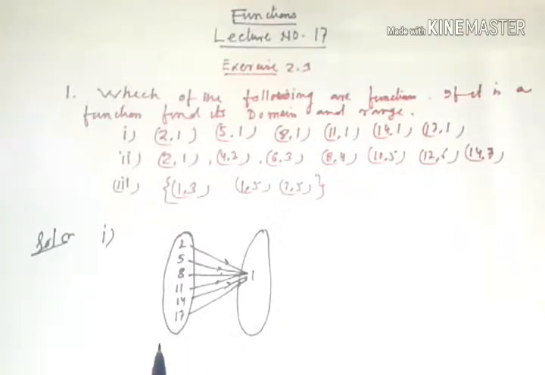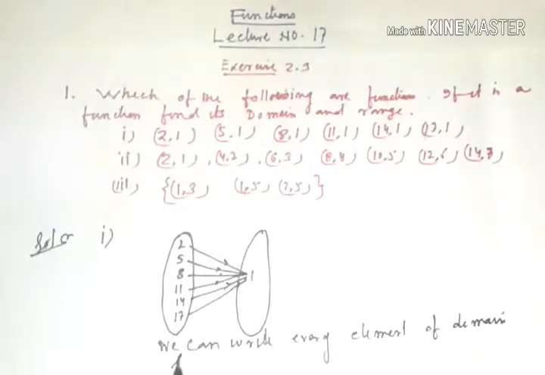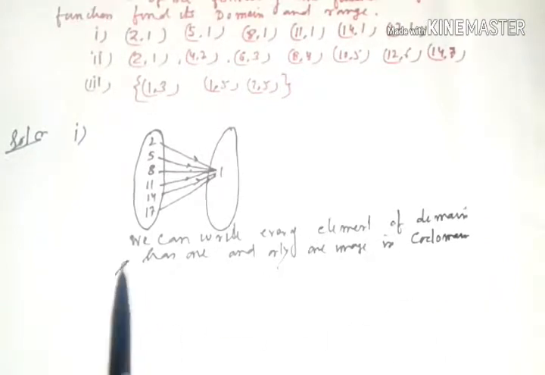Therefore we can write: every element of domain has one and only one image in codomain. So it is a function.